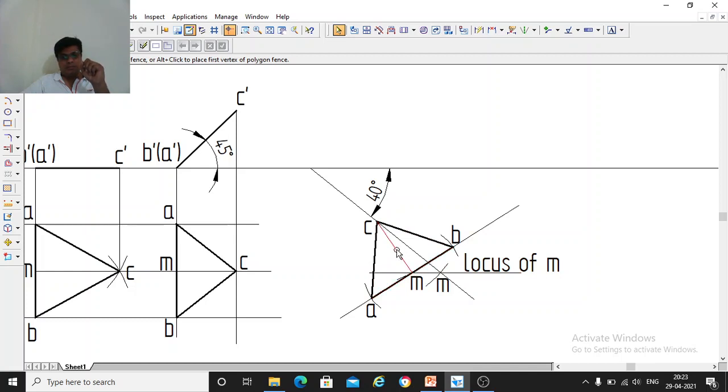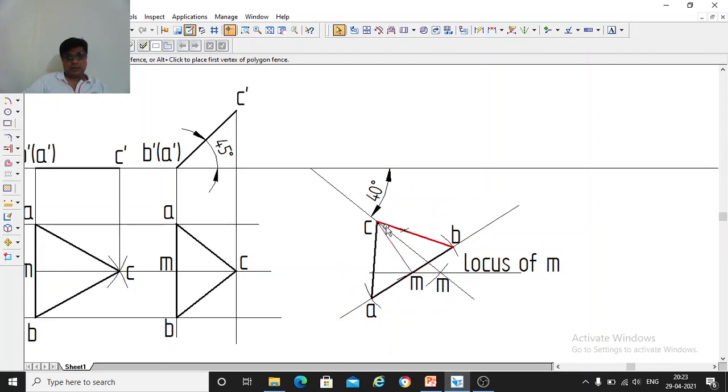This CM will be equal to this CM now. So you should redraw this triangle so that CM is this CM now. So you are rotating it anticlockwise. When you rotate it anticlockwise, A will come here, B will be here, and CM will be here. Right? So this is how you should draw the locus method.